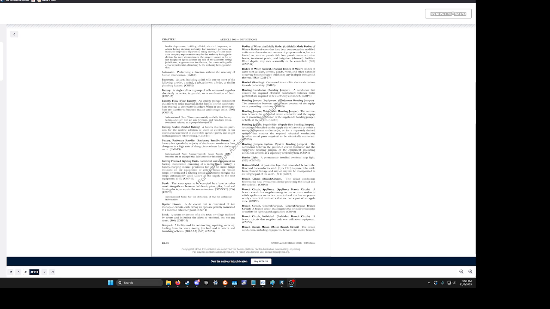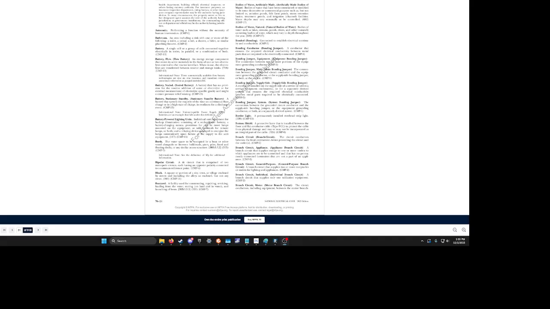For example, one that I would think we might want to know is your appliance branch circuit. In Blueprint we talk about having two 20 amp appliance branch circuits in a kitchen. As far as I'm aware, we never highlighted appliance branch circuit, but that's something to keep in mind. Like I said, not everything we highlighted is going to be in the test, and not everything in the test can be highlighted.